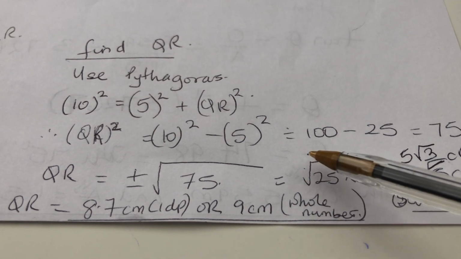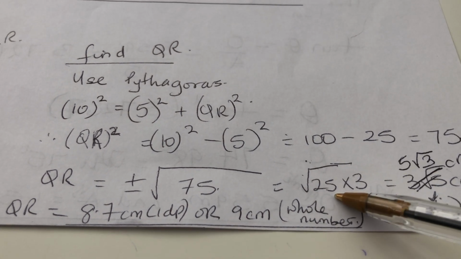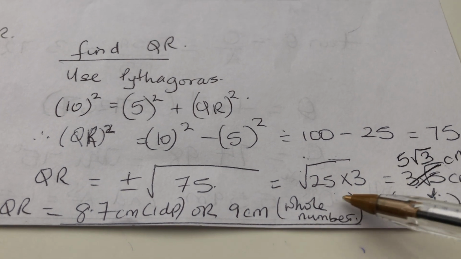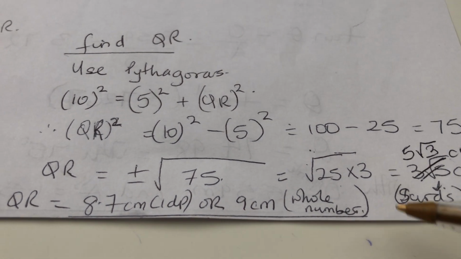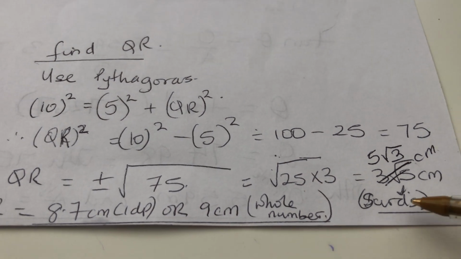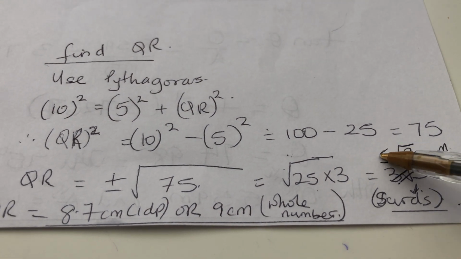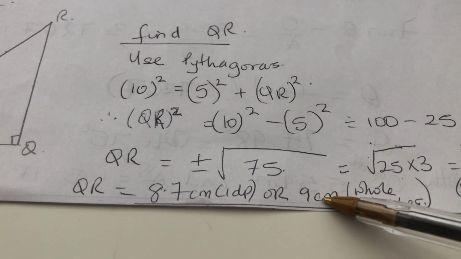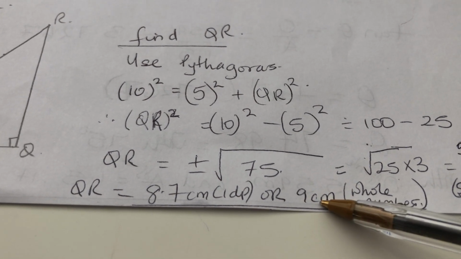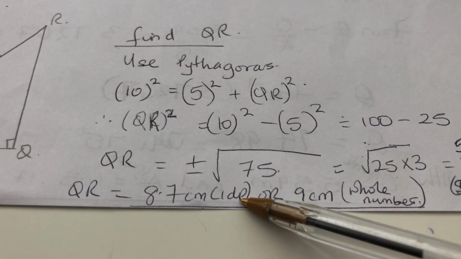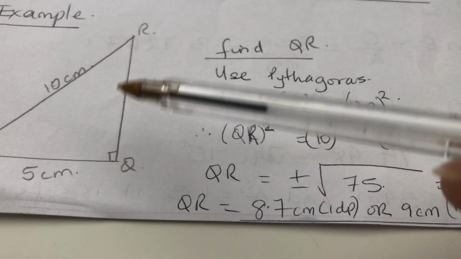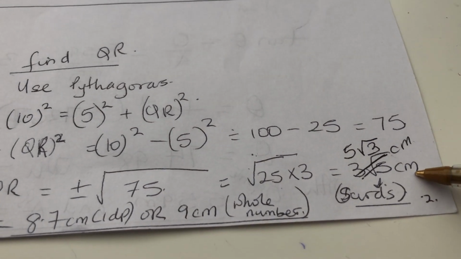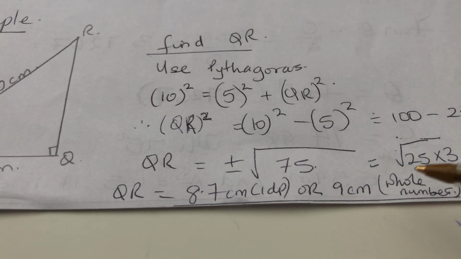Here, root of 25 is 5. So the 5 is out, and then you have root 3, not the other way around. So you can leave your answer as 5 root 3 or 9 centimeters to the nearest whole number, or 1 decimal place. So this QR will be any of these answers. Remember your units.